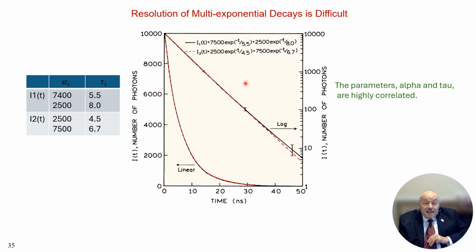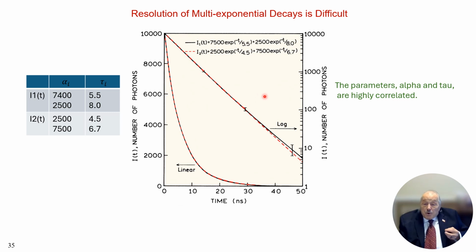Jim Demas down at the University of Virginia did this also numerically, just showing how hard it is to resolve multi-exponential decays. He created two decays with very different pre-exponential factors and different lifetimes, and he found them to be virtually indistinguishable.